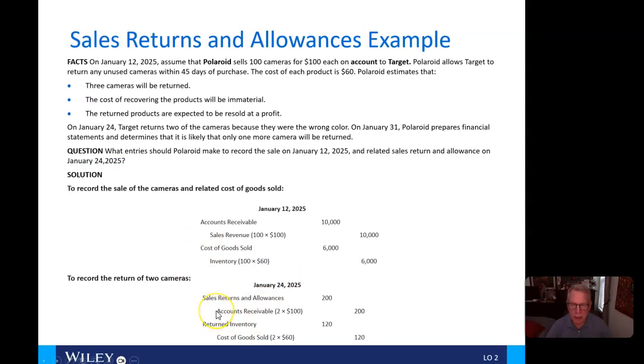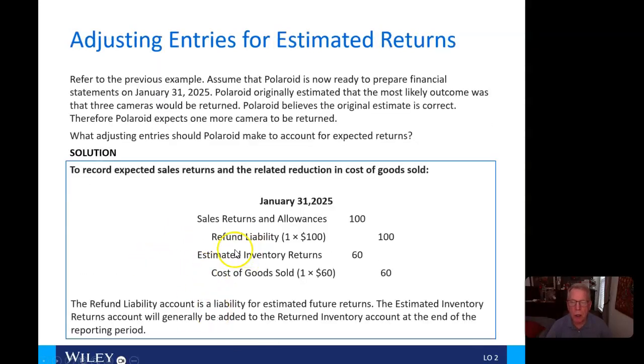Instead of accounts receivable, we're going to credit refund liability, a liability we think will occur because we need to refund that returned item. And then we're going to debit estimated inventory returns here and a credit to cost of goods sold.